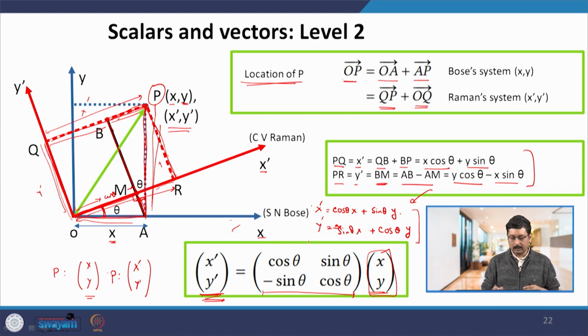So, how do I go from the blue system to the red system? So, I rotate the x axis of the blue system by an angle theta. So, this particular operation, this is called rotation by an angle theta. This is an example of a coordinate transformation.